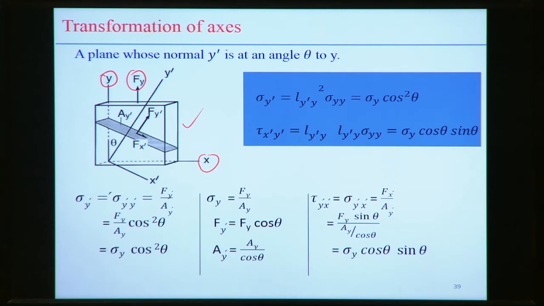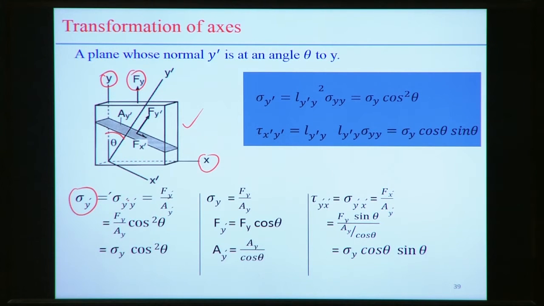Now we define one plane whose normal y dot is at an angle theta with respect to the y axis, and that y dot represents the normal to this highlighted plane. From here we can find the new transformed normal stress value sigma y dot with respect to sigma y, which was defined in the xy coordinate system.